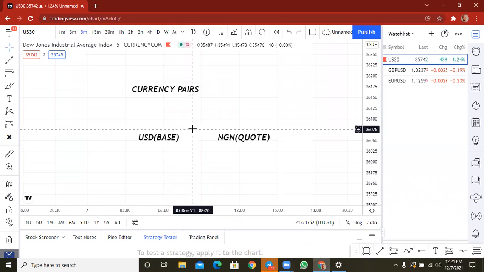So we have the base currency and the quote currency. The base currency is the main one, like everything going on here is in respect of this base currency.